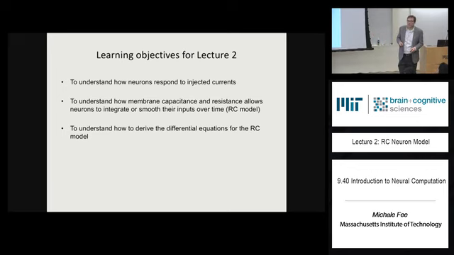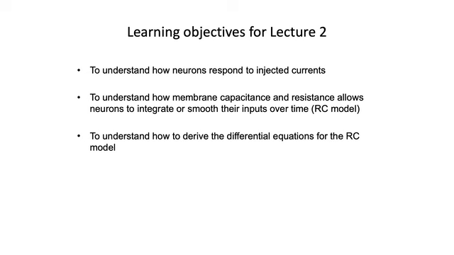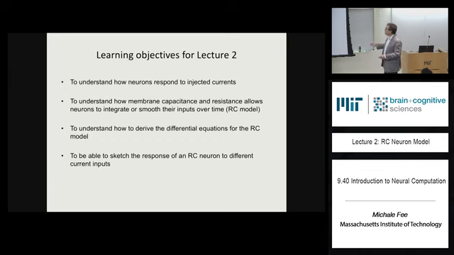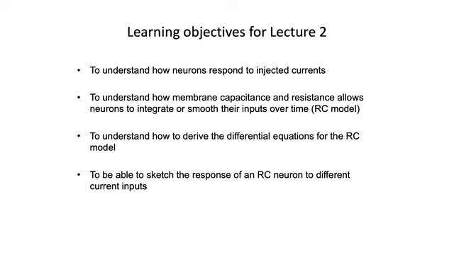We're going to go through how to derive the differential equations that describe that model. It's actually quite simple, but some of you may not have been through that before, so I want to go through it step by step so we can really understand where that comes from. We're going to learn to look at a pattern of current injection, and we should be able to intuitively see how the voltage of that neuron responds. And we're going to start working on where the batteries of a neuron actually come from.